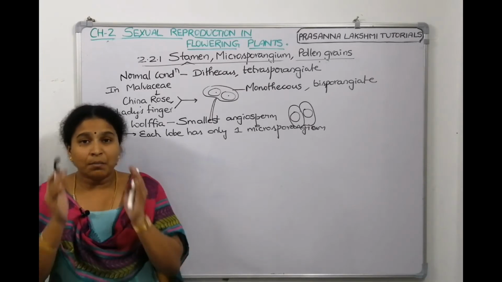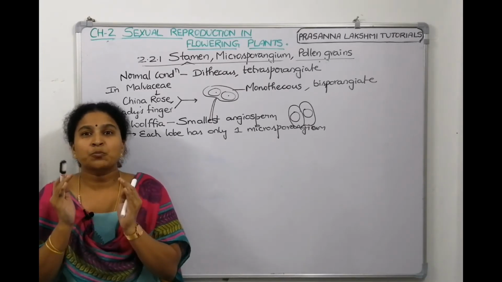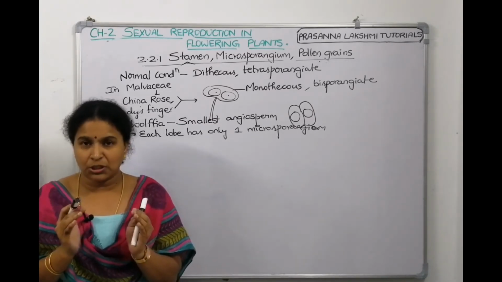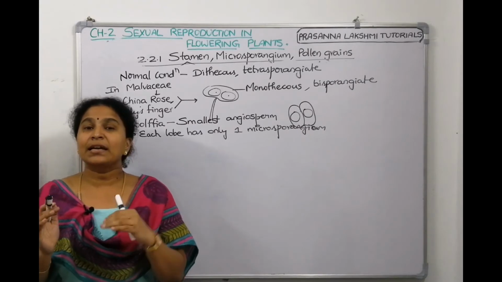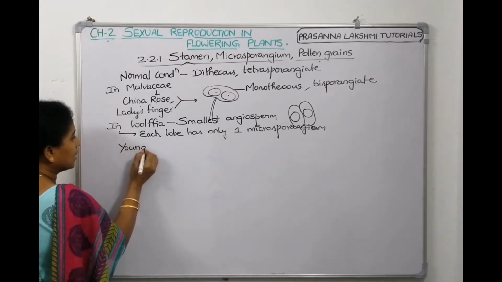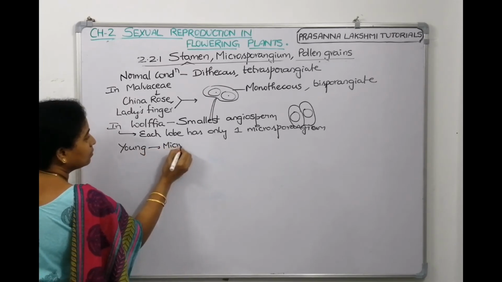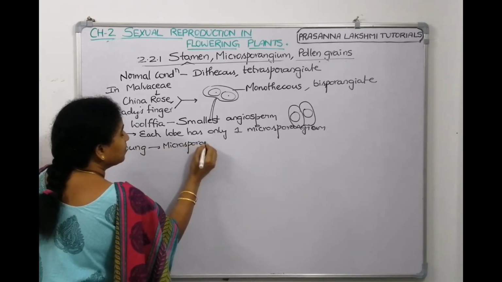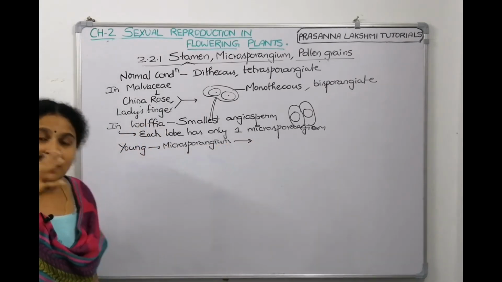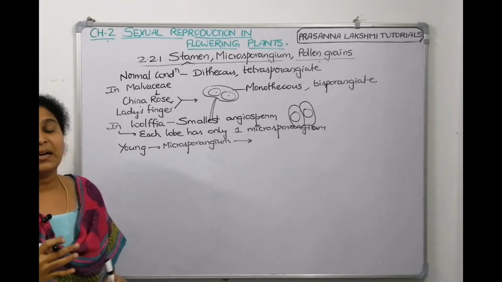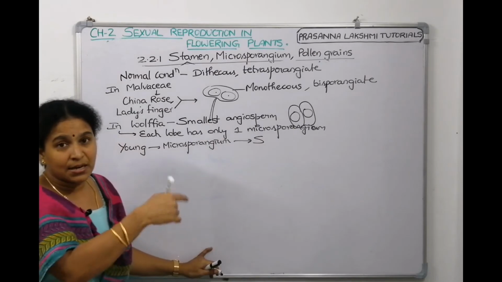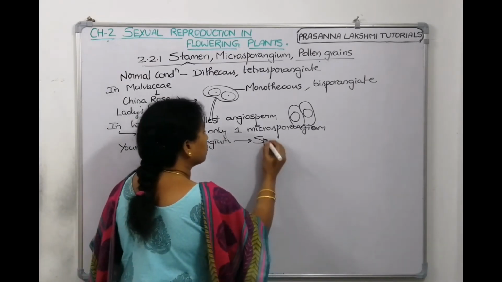Now I told that a microsporangium contains sporogenous tissue. If the microsporangium is young, it contains sporogenous tissue. If it is matured, then it develops into a pollen sac. If the anther is young, then that circular microsporangium contains sporogenous tissue. In the previous slide we have seen that green colored cells are sporogenous tissue.